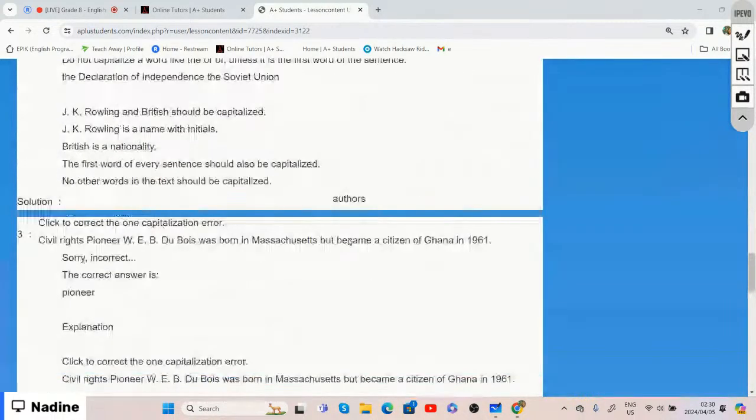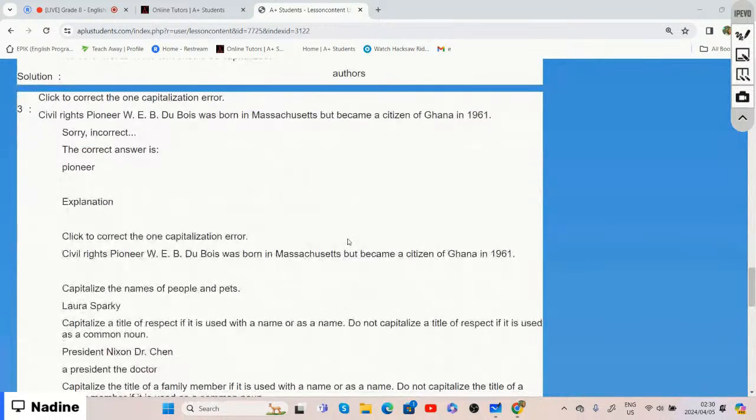All right, then lastly, it says civil rights pioneer W.E.B. Du Bois was born in Massachusetts but became a citizen of Ghana in 1961.